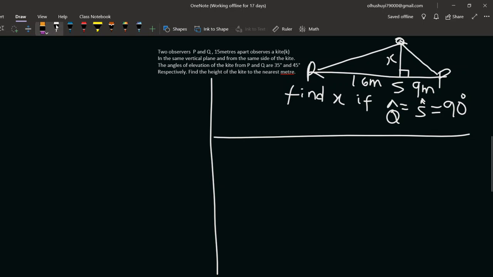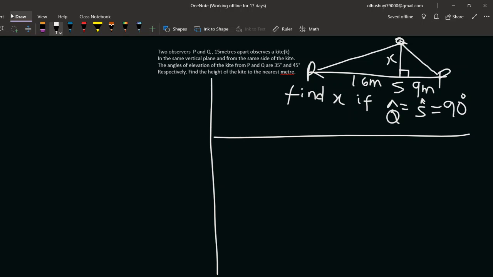Question 2 says two observers P and Q 15 meters apart observe a kite in the same vertical plane and from the same side of the kite.